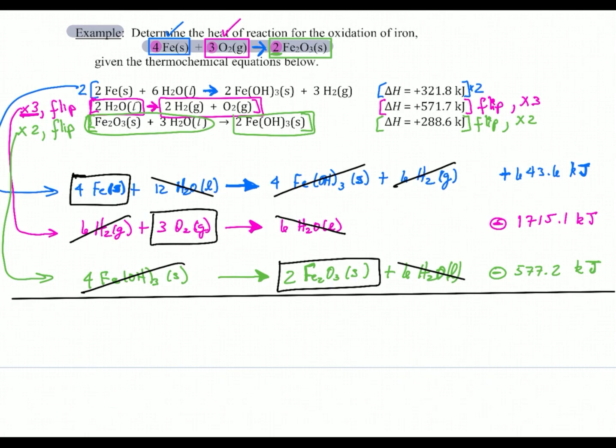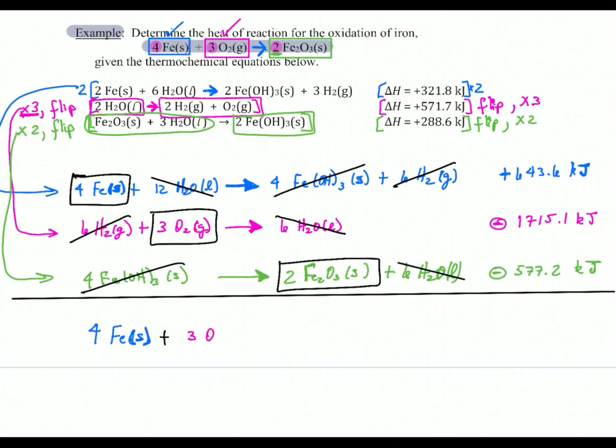So now I'll simply write out what you have left, and I will be color specific for you one more time. So the iron solid we were able to get by manipulating that first equation and put it on the right side with a 4 in front of it, as we wanted. And then we were able to manipulate the second equation.